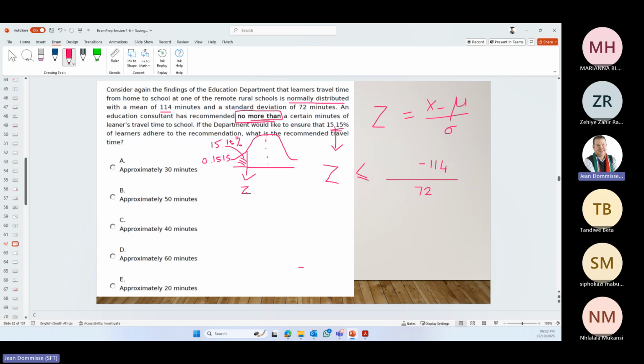So I want to get to a Z because we want to get to the Z so that we can work out what the X is.